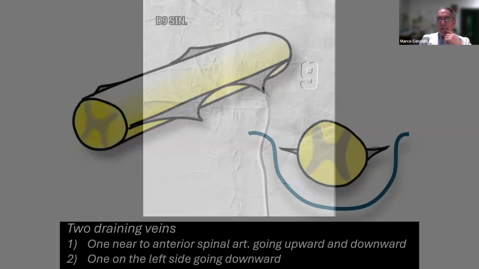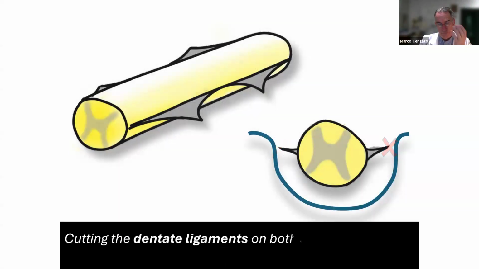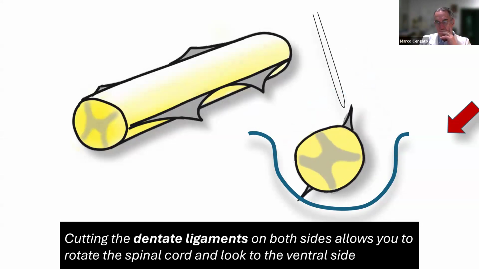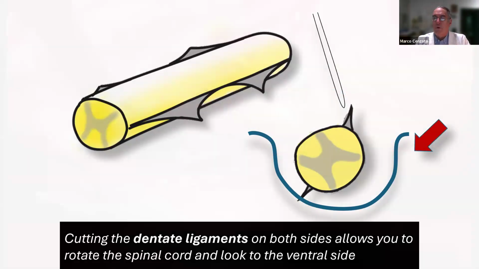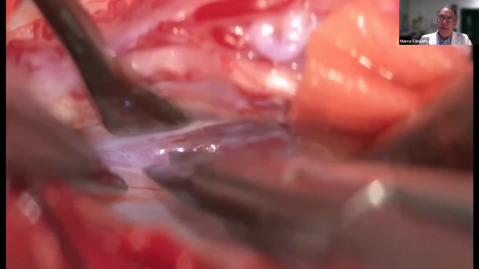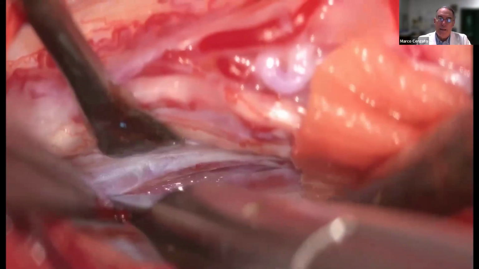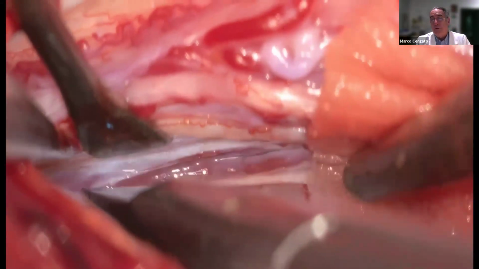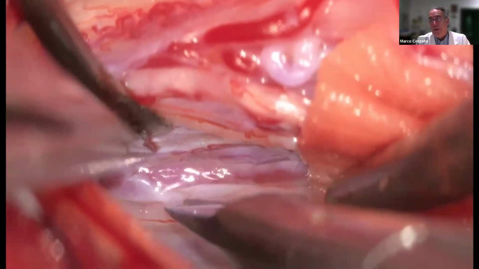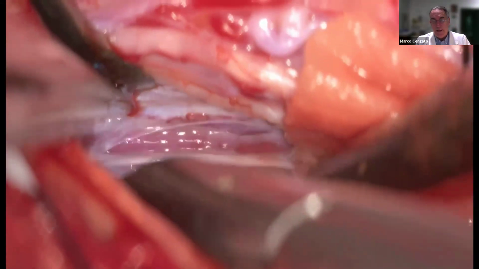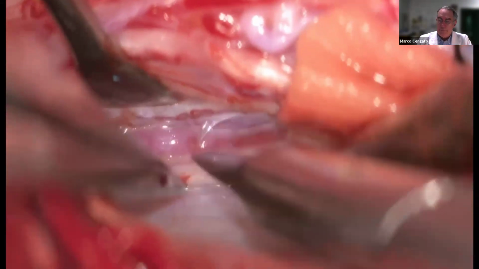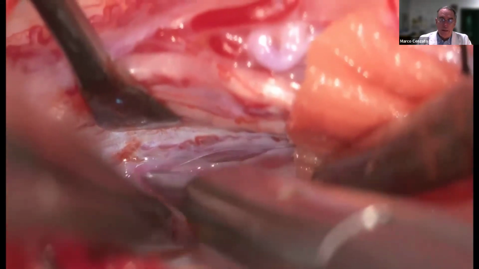So also here, we decided to try to reach the AVM, but the idea was to go anteriorly, and as you see, cutting the dentate ligament, you can reach the spinal cord anteriorly. And so we decided to trap this AVM, occlude the feeder and the draining vein without entering in the spinal cord.